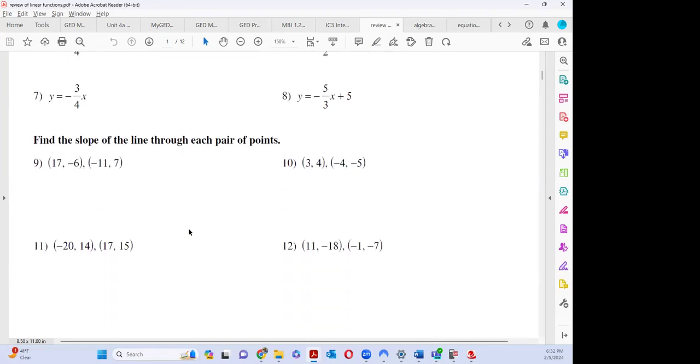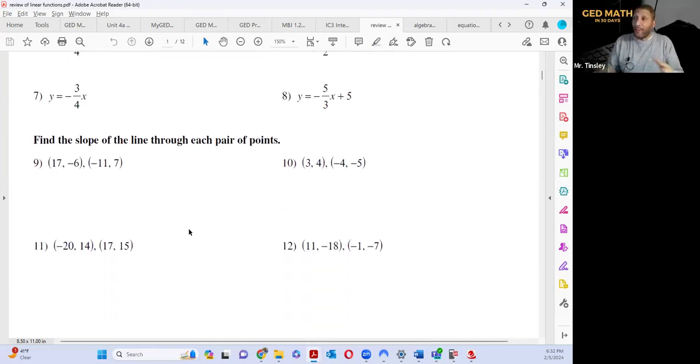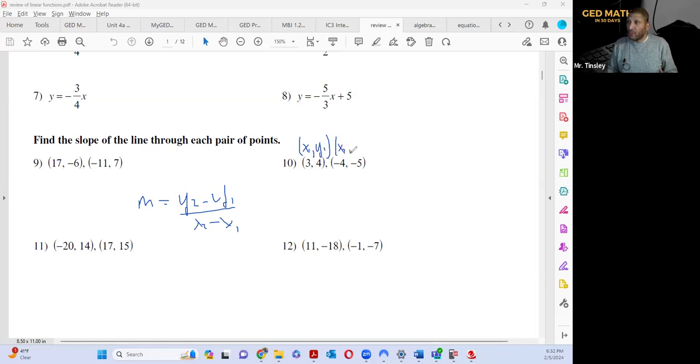Now, for 9, 10, 11, and 12, you should know that you've got to use this formula. So when you see 2 points, you should know y2 minus y1 over x2 minus x1. You should know that my first point, this is my x1, this is my y1. This is my x2, this is my y2. And then you just plug them in.